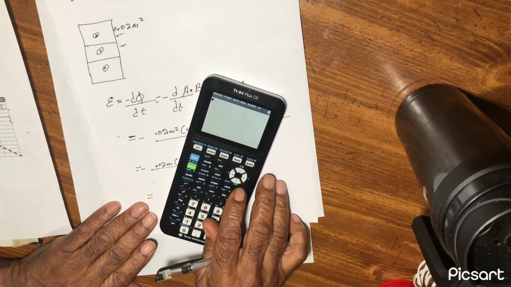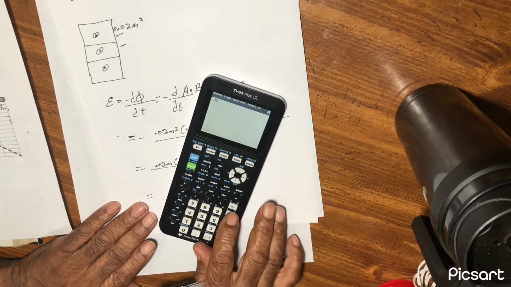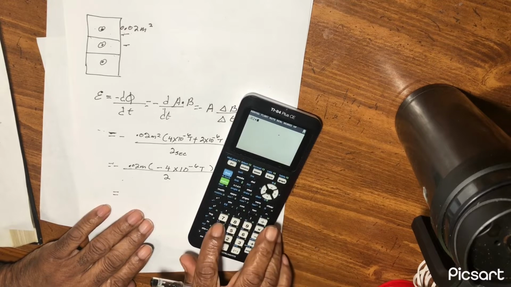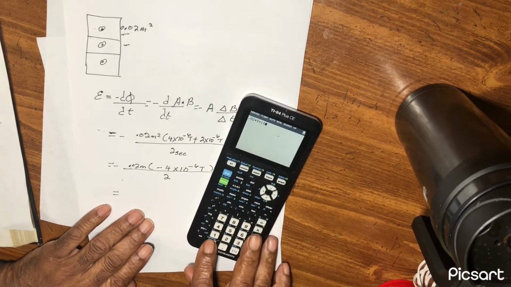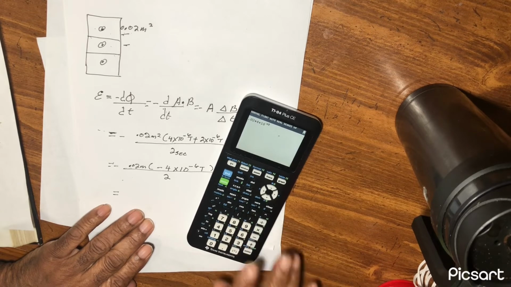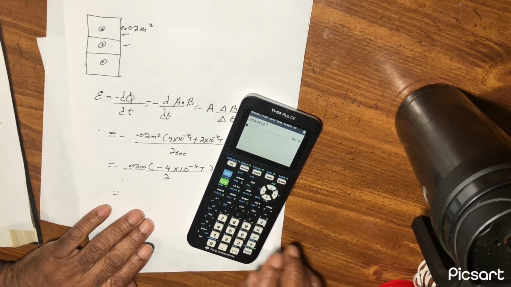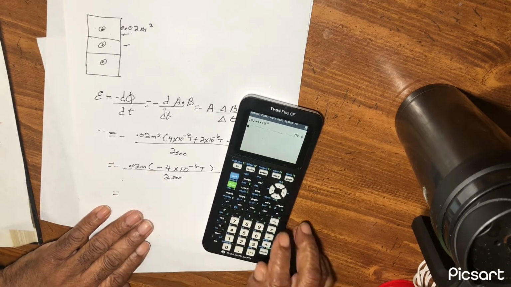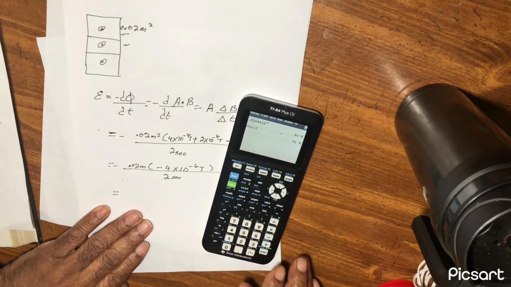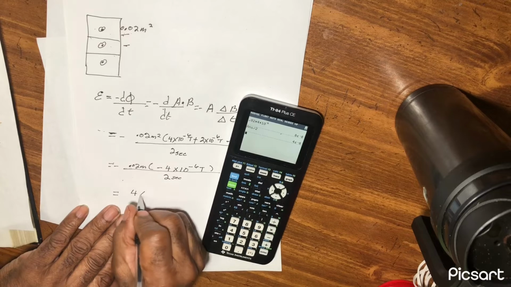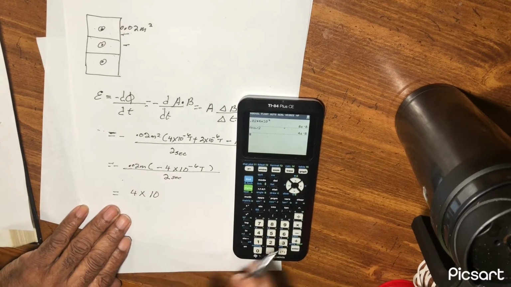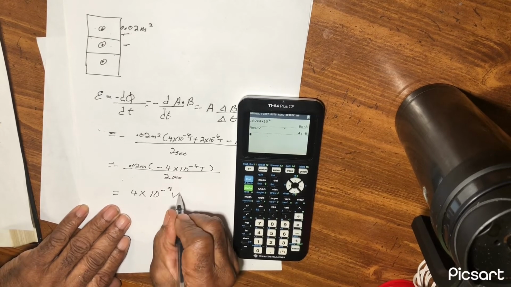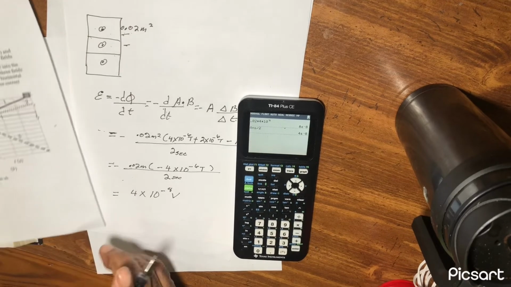Let's correct that. 0.02 times 4 times 10 to the minus 6. And we're going to divide that by 2 seconds. And we get 4 times 10 to the minus 8 volts.